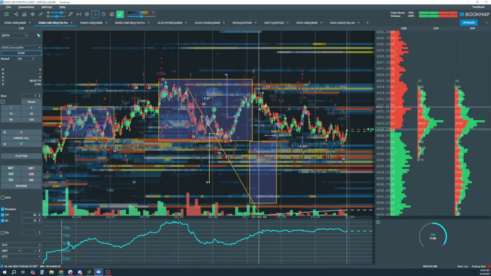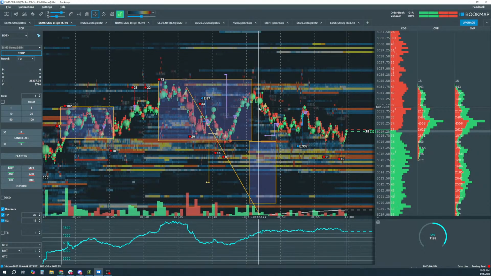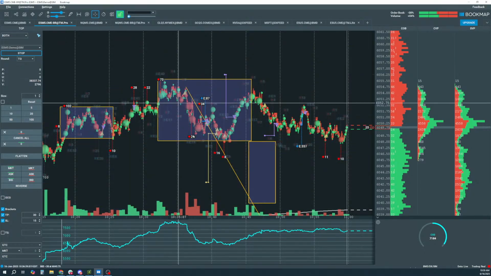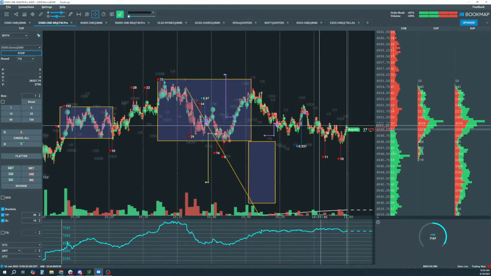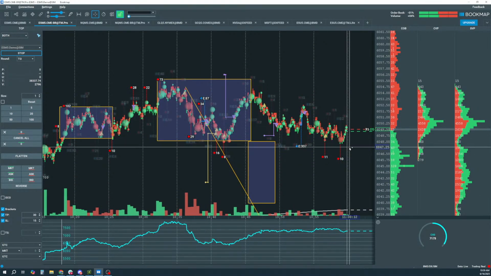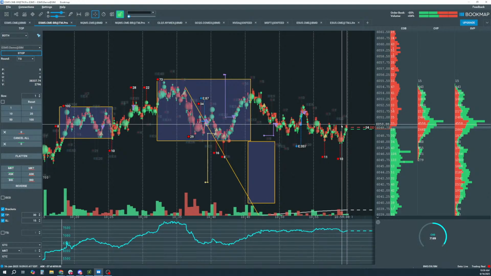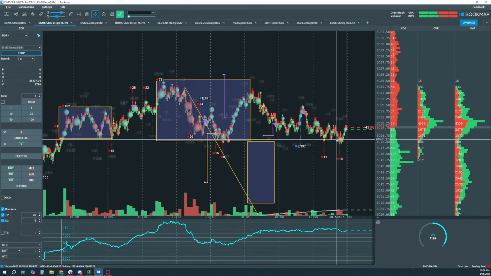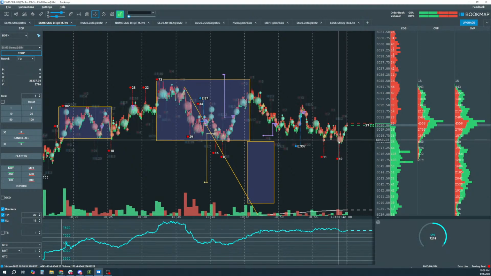This is exactly the strength in Bookmap, because right now we're looking at this context. If we take the heat map off, you're just looking at the volume, the volume dots, so the transactions on best bid and offer. But understanding, wow, what if there's really high liquidity in here?